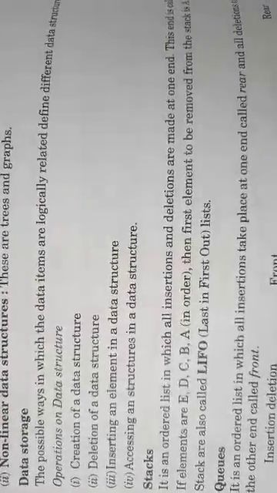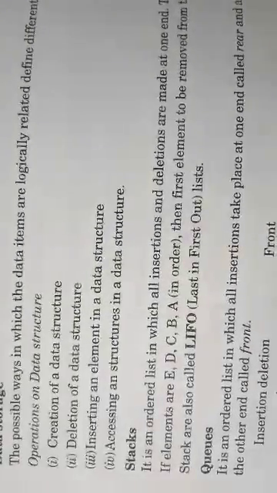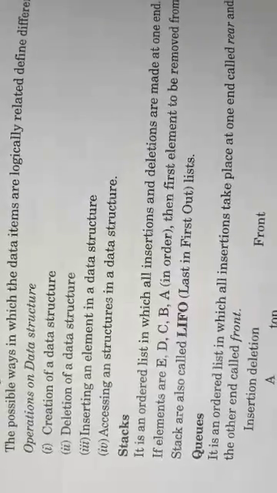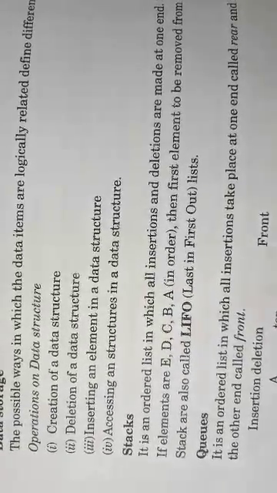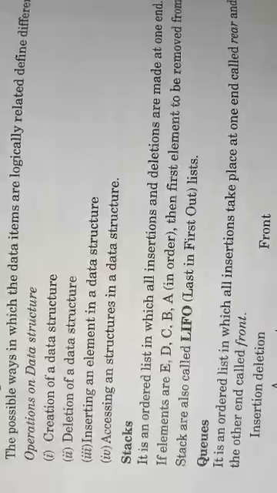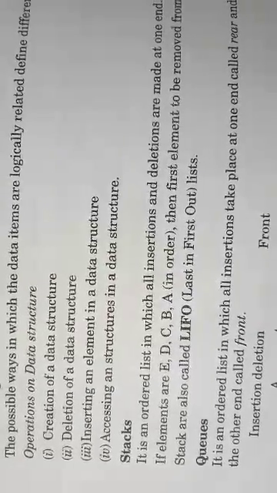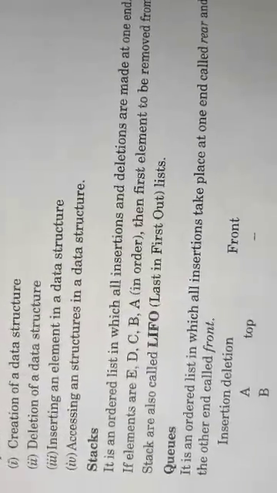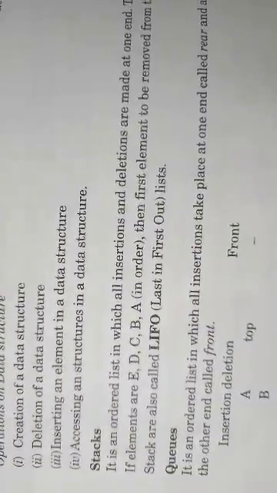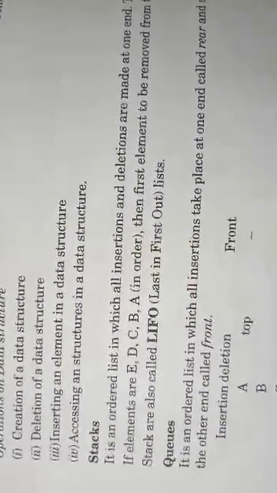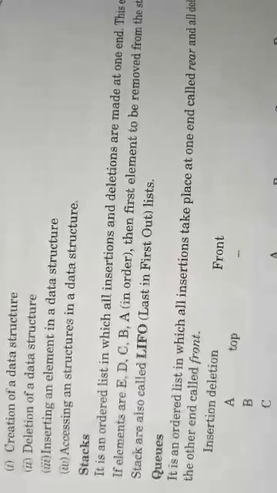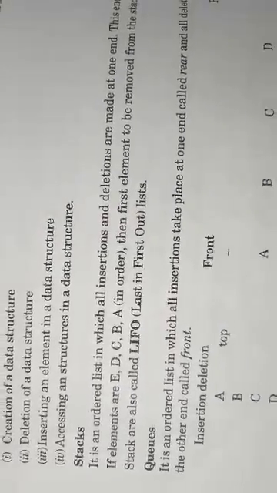Operations on data structure: creation of a data structure, deletion of a data structure, insertion of an element in a data structure, accessing an element in a data structure. Stacks: it is an ordered list in which all insertions and deletions are made at one end.